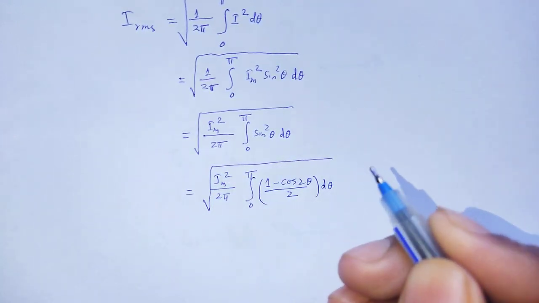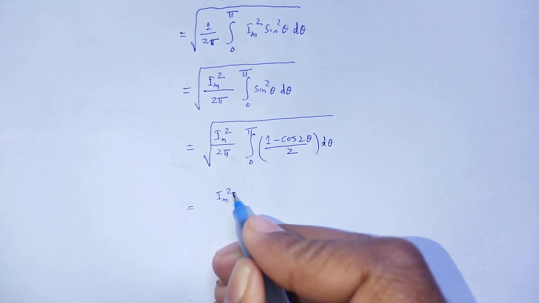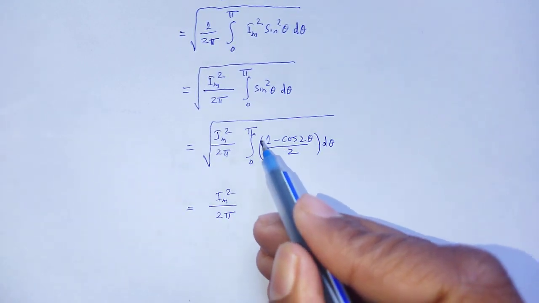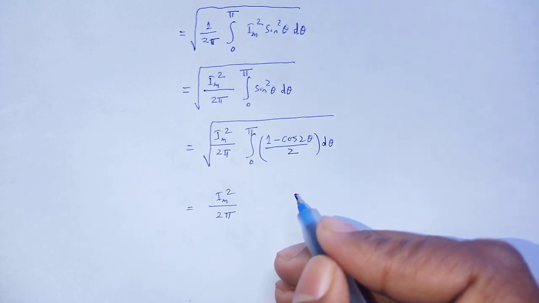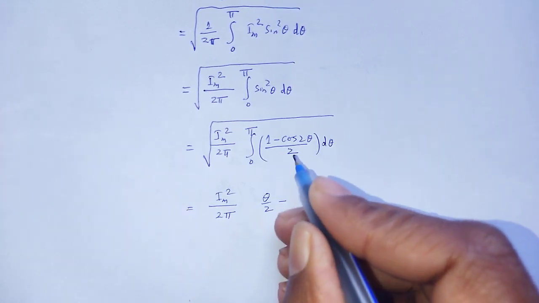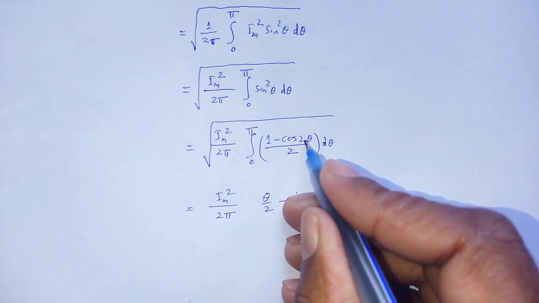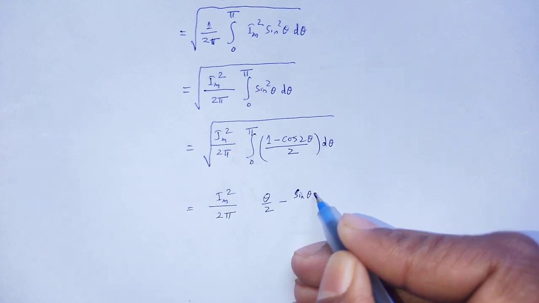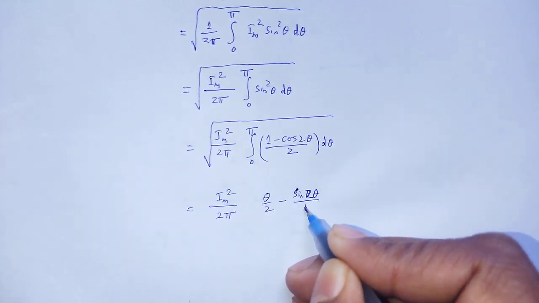That integral can be solved as half d theta, which gives theta by 2 minus the integral of cos 2 theta by 2, so it is sin 2 theta divided by 4.